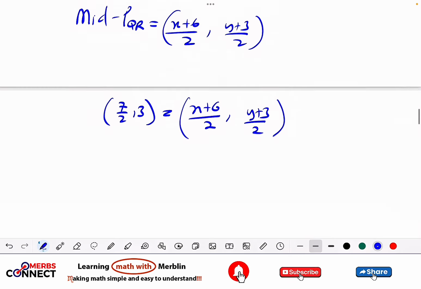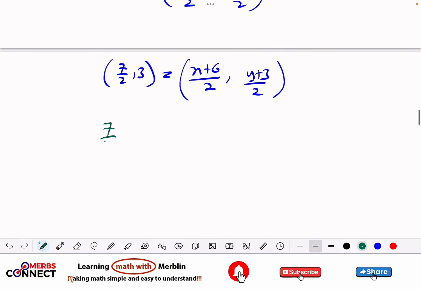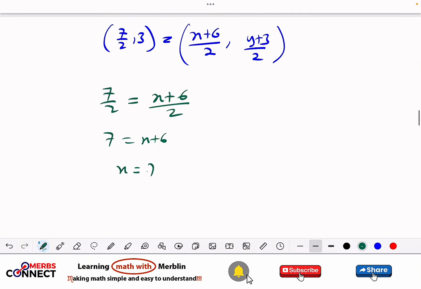Good. As you saw, this coordinate here is the same as this, and this is the same as that. So let me pick the first coordinate. 7 over 2 is equal to x plus 6 over 2. I'll multiply through by 2, and I'm going to have 7 is equal to x plus 6, so x will be equal to 7 minus 6, and x is 1.